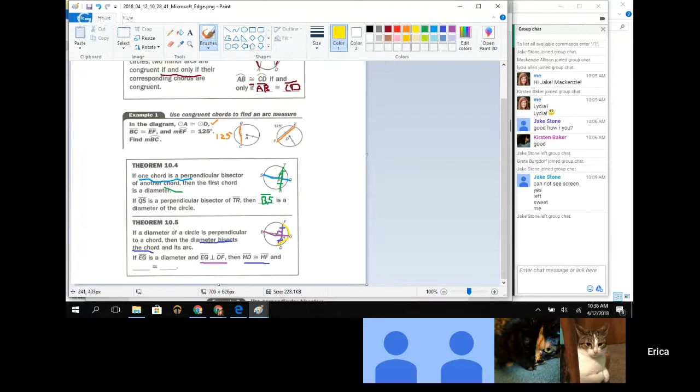And then in yellow, we know that arc DG is congruent to arc FG.